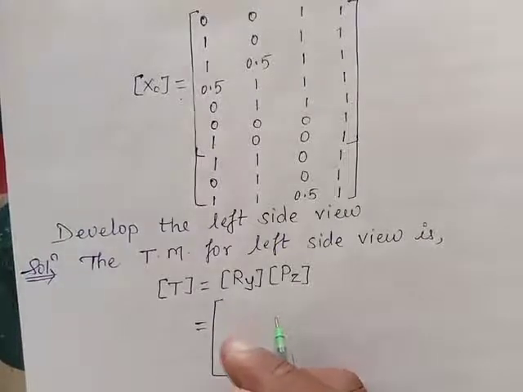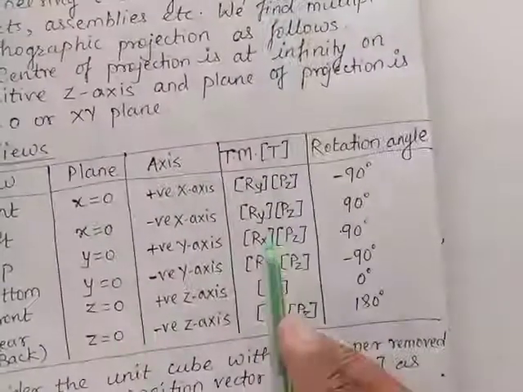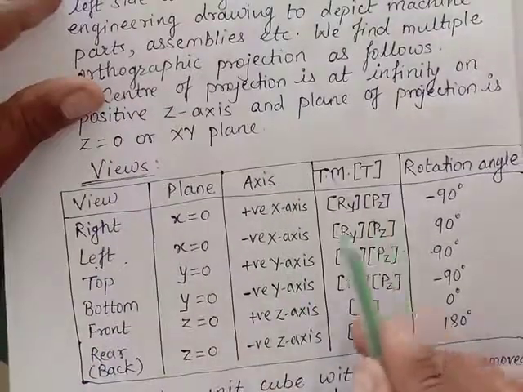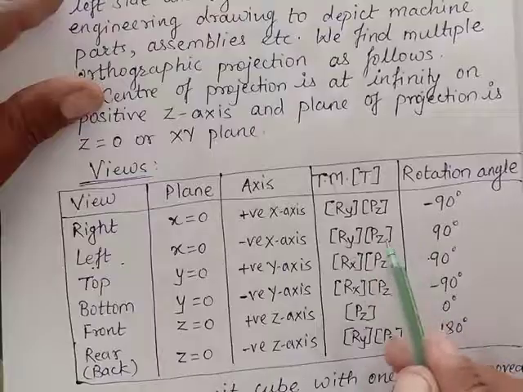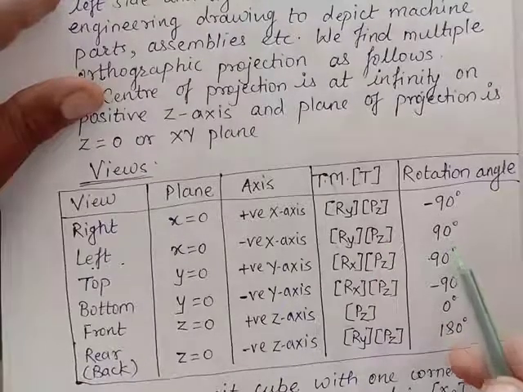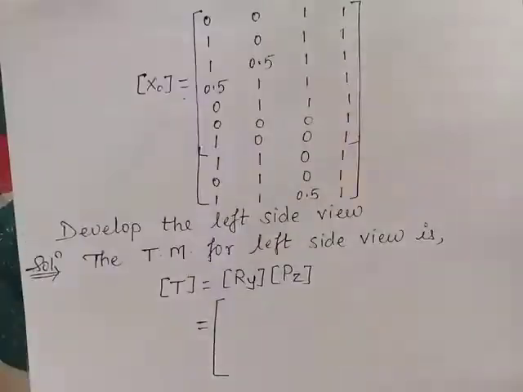For left side view, look at this. This is our table. For left side view, the matrix of rotation is this. Rotation through y-axis into Pz. What is the angle? It is positive 90 degree. So let us use that part.